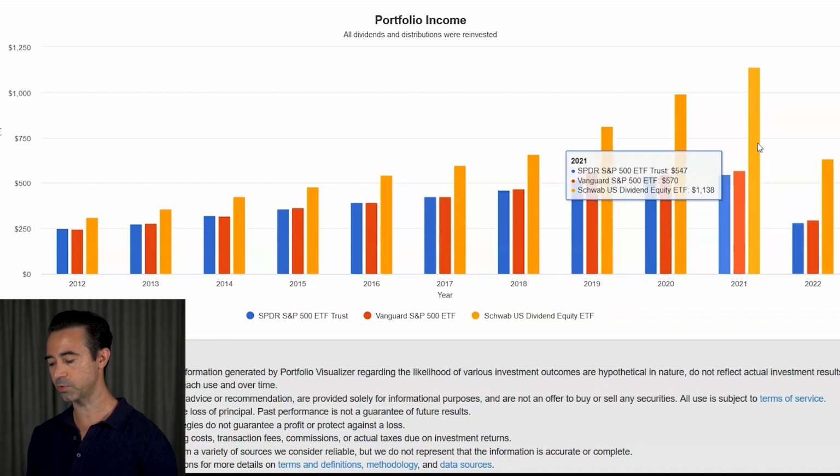And then 2021's total distributions are over twice the amount. If you had $10,000, that's $1,138 versus $570. So of course, a lot better distributions coming off of SCHD than SPY and VOO.